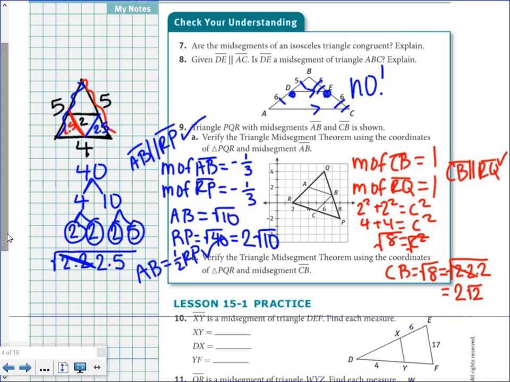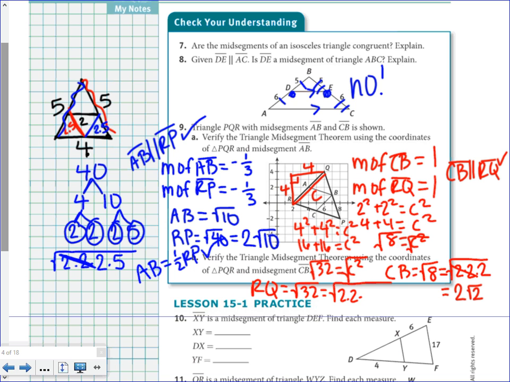For RQ, we have side lengths of 4 and 4, and our hypotenuse of C. So 4 squared plus 4 squared equals C squared. 16 plus 16 equals C squared. 32 equals C squared. And so we have the square root of 32 for RQ, which is going to be 2 times 2 times 2 times 2 times 2.